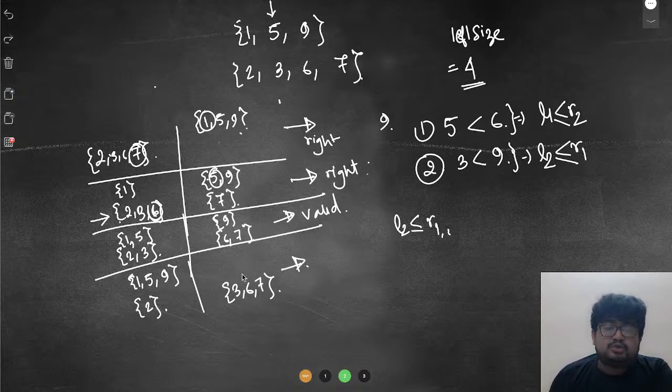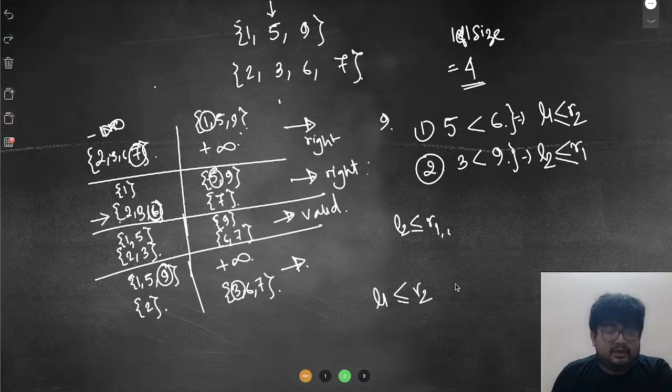Coming to the last one, again this is invalid. Why? Whenever something is missing, on the left we'll take int minimum, that is minus infinity, and on the right we'll take plus infinity. So here it will be plus infinity. So 2 and infinity definitely won't compare, but 9 and 3 is violating the condition that L1 should be less than equal to R2.